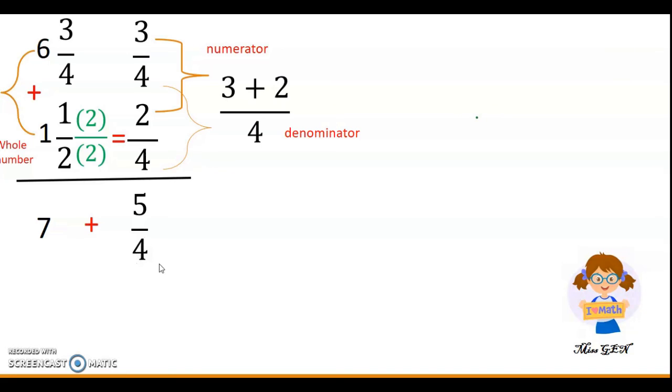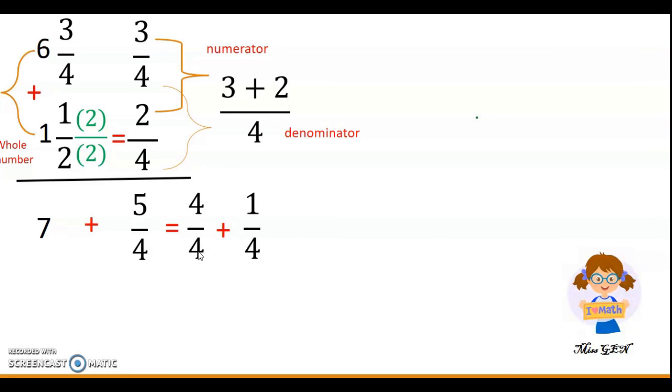But still, we need to convert our improper fraction to a mixed number, because our fraction here is an improper fraction, meaning the value is more than 1. So 5 over 4 can be 4 over 4 plus 1 over 4.